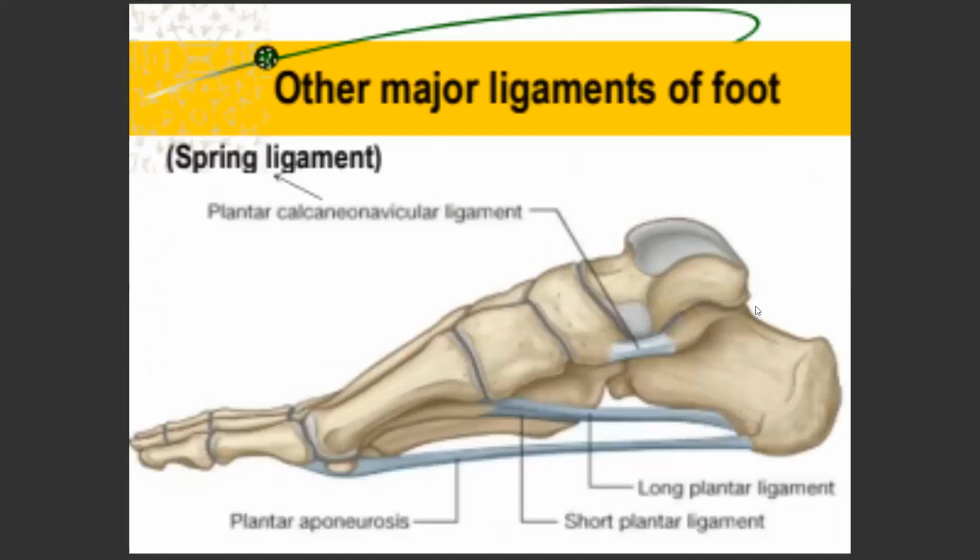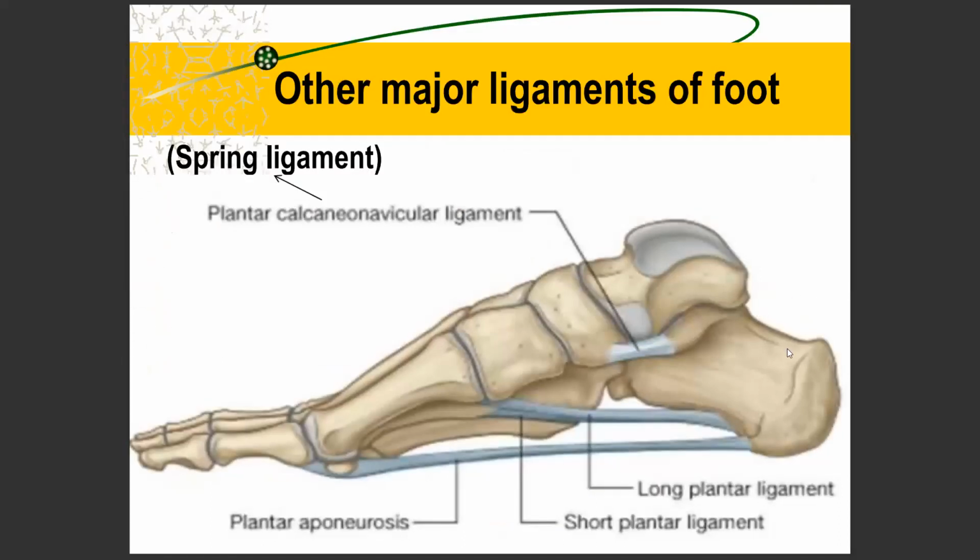There are some other ligaments that we will discuss today. The most important of these is the plantar calcaneonavicular ligament that is present at the bottom. That side is known as the plantar, and that ligament is present between the navicular bone and the calcaneum, so it is known as the calcaneonavicular ligament.